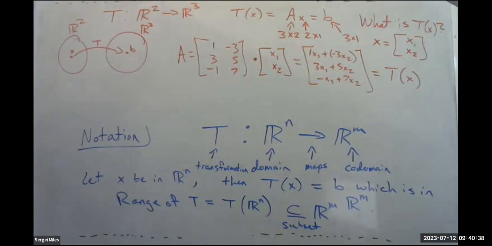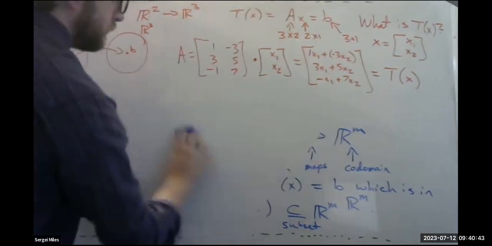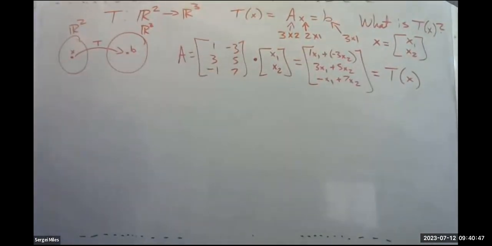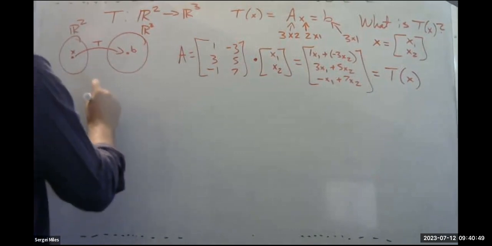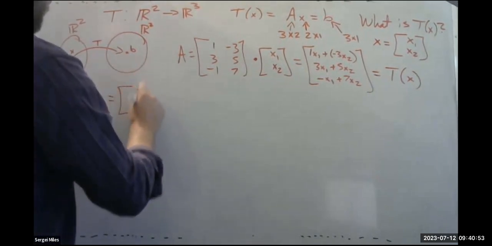So for example, let me erase my notation down here. Let's say u equals the vector 2, -1.